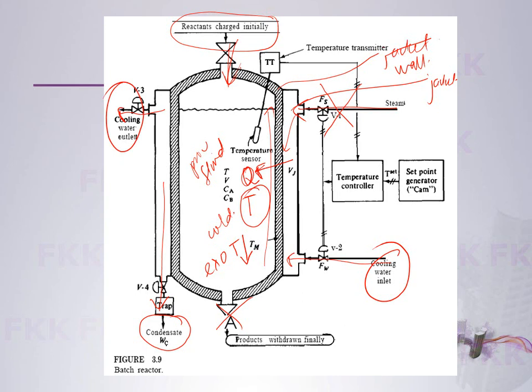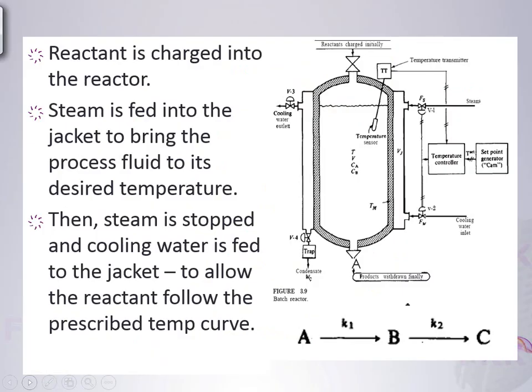So we keep the process until we know the time when we have to collect the output from here. So once the temperature has reached, we stop the operation and take this one out. So these are all the explanation of what's going to happen.